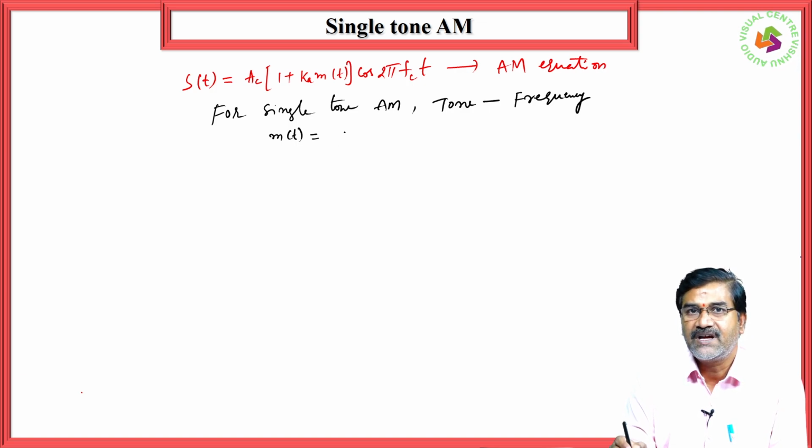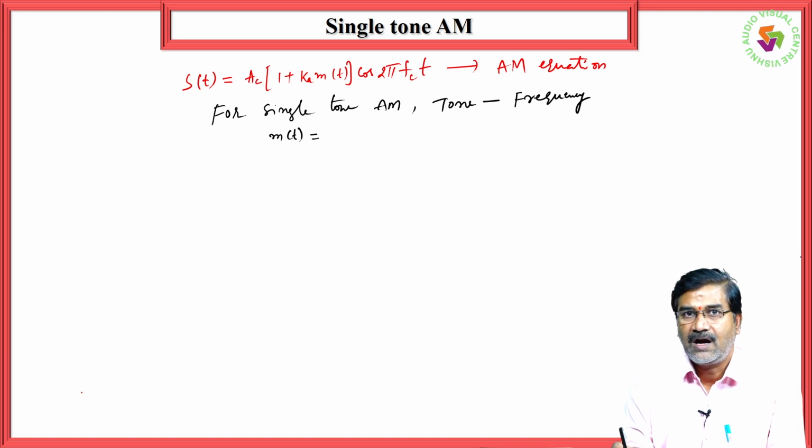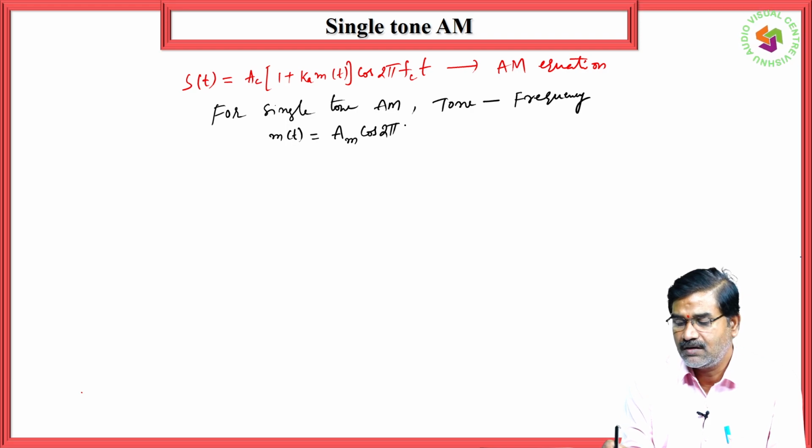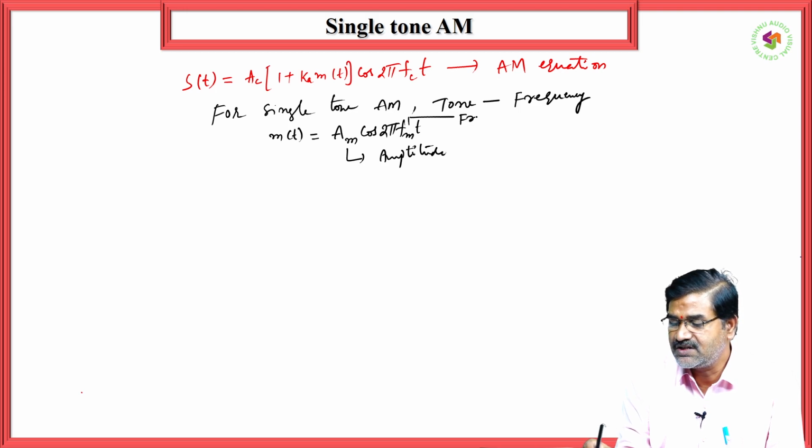Let us say the frequency of the signal is fm and the amplitude of the signal is Am. In that case, for single tone AM, the message signal can be written as Am cos 2 pi fm t, where Am is the amplitude of the tone and fm is the frequency of the tone.